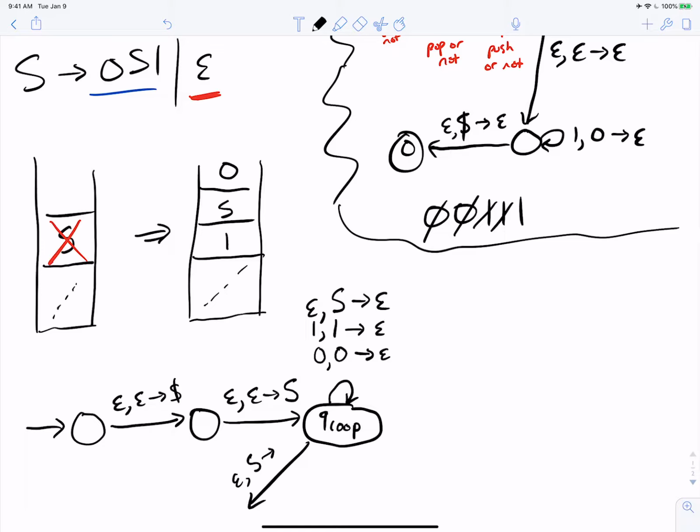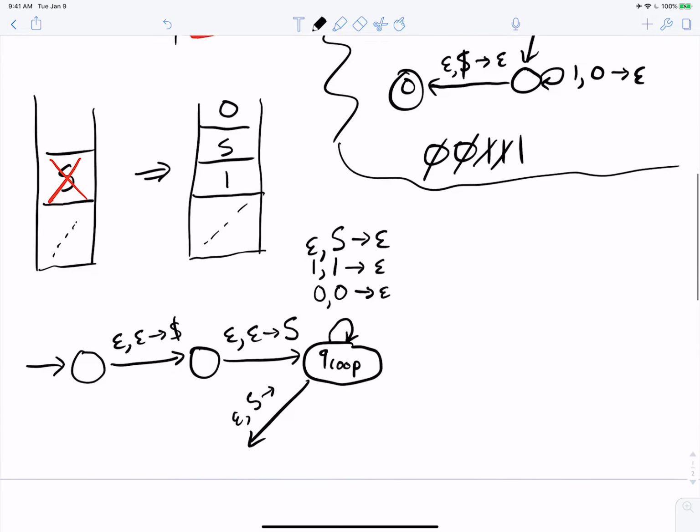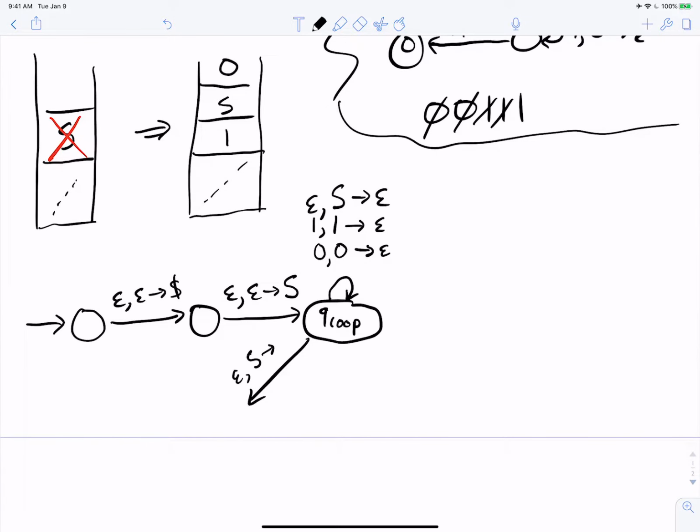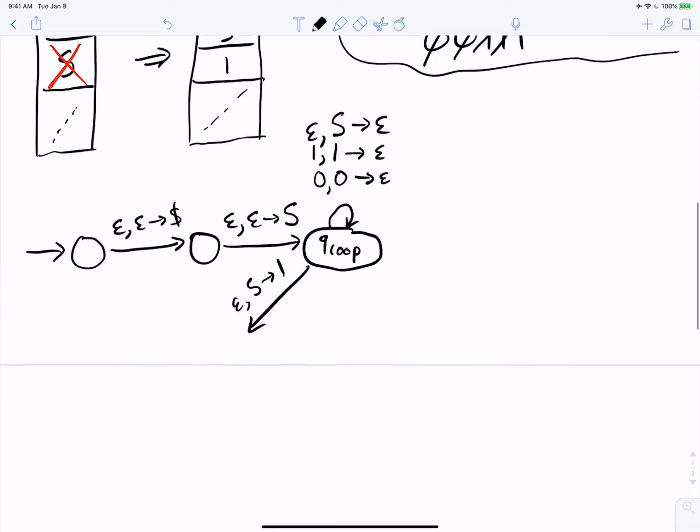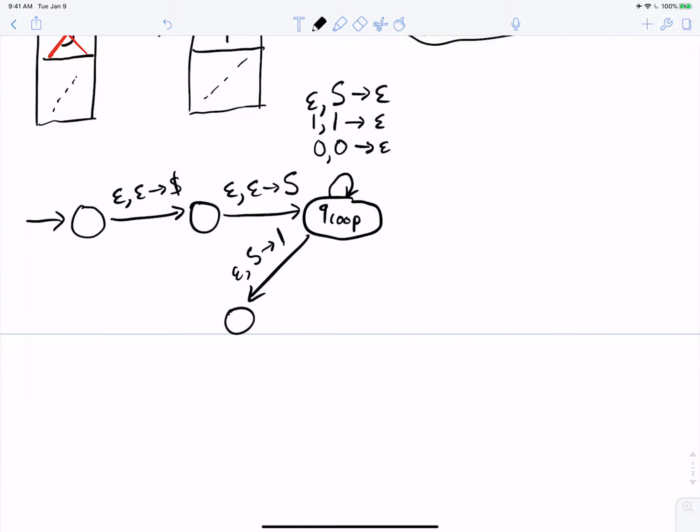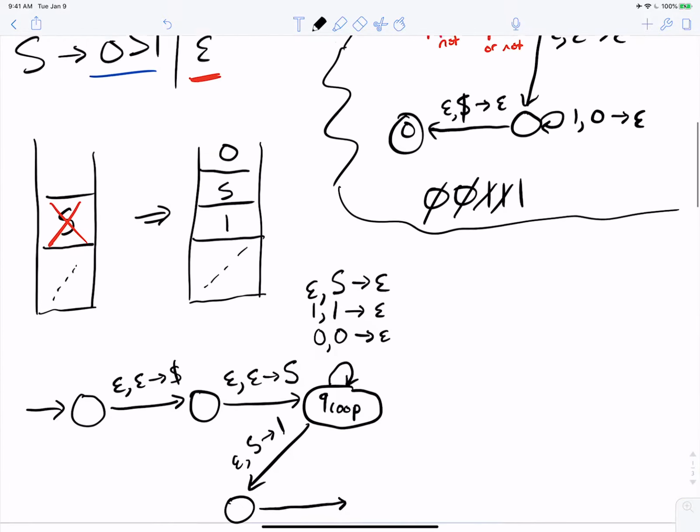Does that make sense? Okay, so here, there are a number of ways you can do this and they're all equally fine. What I'm going to do is immediately push 1 here and then go to a state. So we've popped S off, we pushed 1 on. So what is the next thing we should push according to this rule?